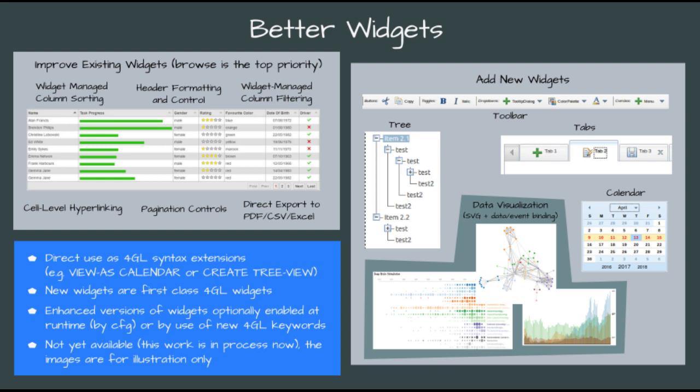So you can do some new things. There are pagination controls. This one I love: direct export to PDF, CSV, and Excel. Think about it: you've enhanced the look and feel of your browse, and now every browse in your application can be exported by the user to PDF, CSV, or Excel without any extra code.